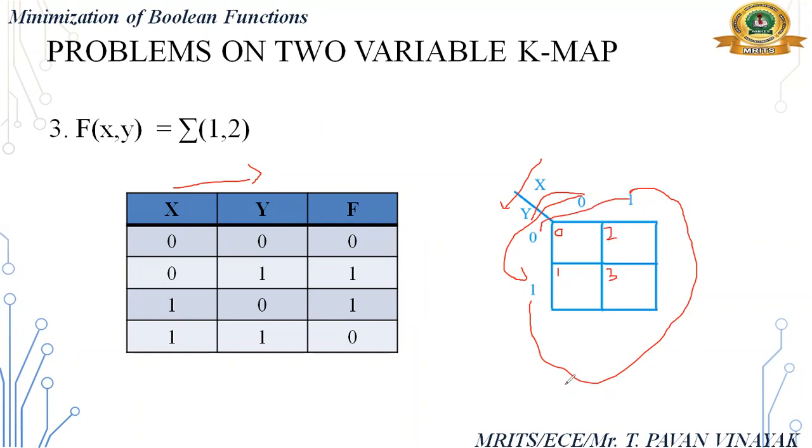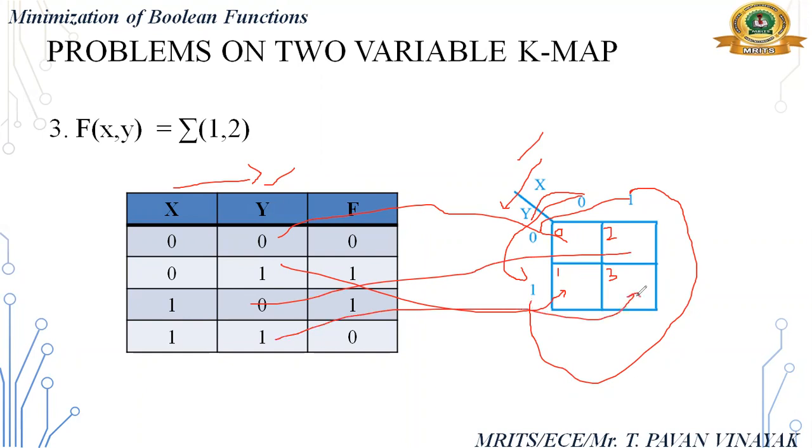Okay. So based on variables, please give notation according to the truth table. This 0 0 indicates this position. 0 1 indicates this one. 1 0 indicates this one. 1 1 indicates this one.